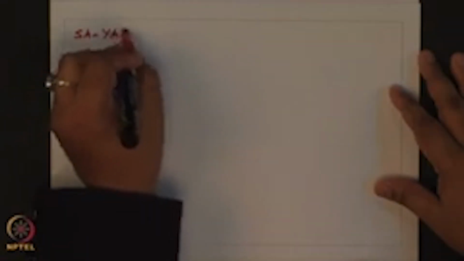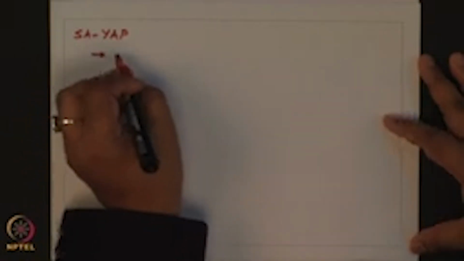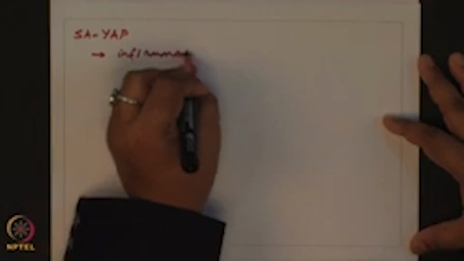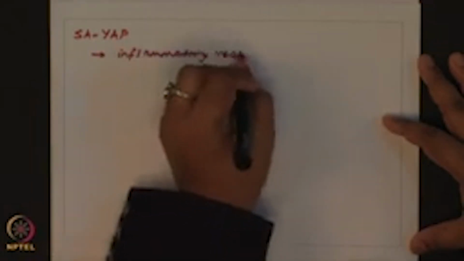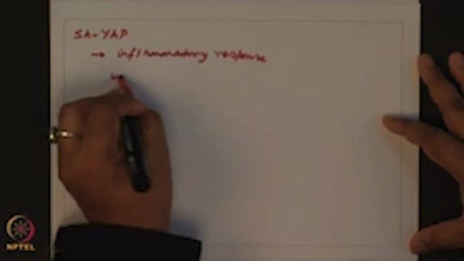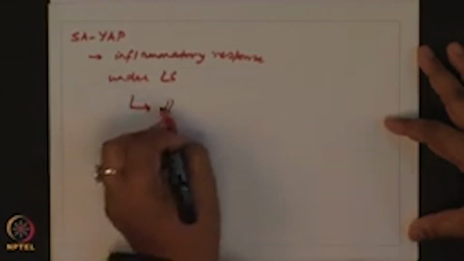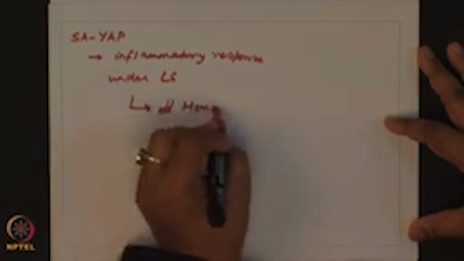Also, when they overexpressed using SAYAP, constitutively active YAP, this increased the inflammatory response, even under static conditions. So, even under laminar shear stress conditions, you had an inflammatory response when you overexpress SAYAP, as quantified by the number of monocytes which got adhered.